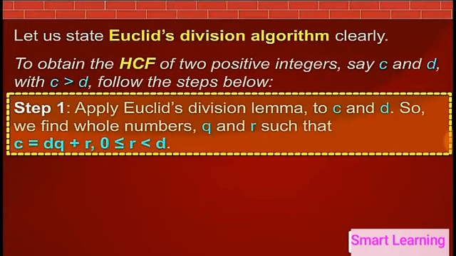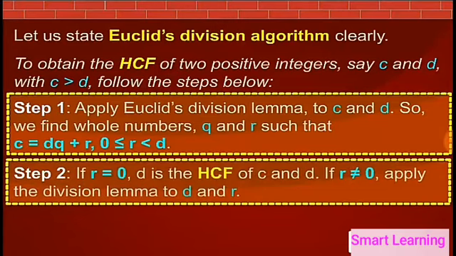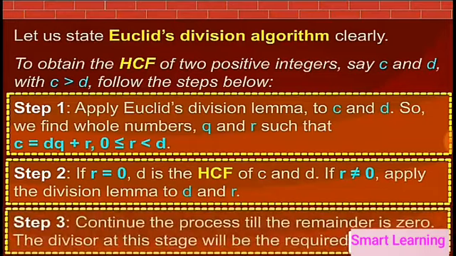Apply Euclid's division lemma to C and D. So we find whole numbers Q and R such that C is equal to DQ plus R, where 0 is less than or equal to R less than D. Step 2. If R is equal to 0, D is the HCF of C and D. If R is not equal to 0, apply the division lemma to D and R.